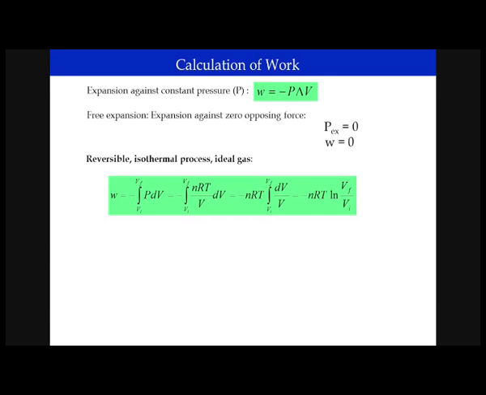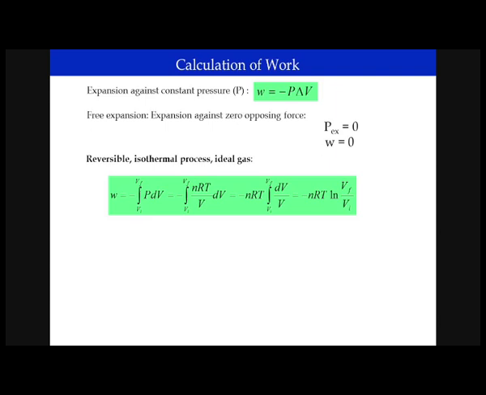Expansion against constant pressure is minus P delta V, V2 minus V1 or V final minus V initial. Free expansion, expansion against constant opposing pressure where P external is 0, so W is 0. And for a reversible isothermal process for an ideal gas, we have seen that this is the expression for work.